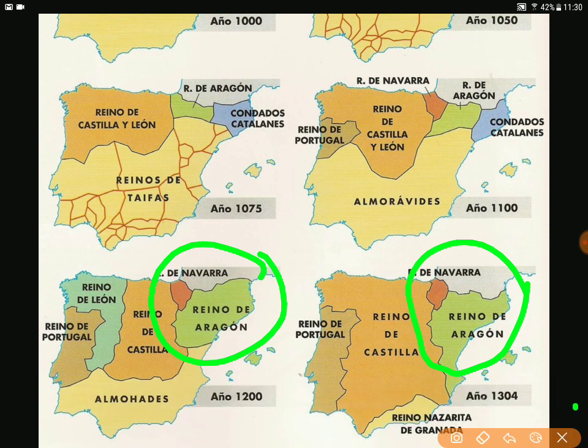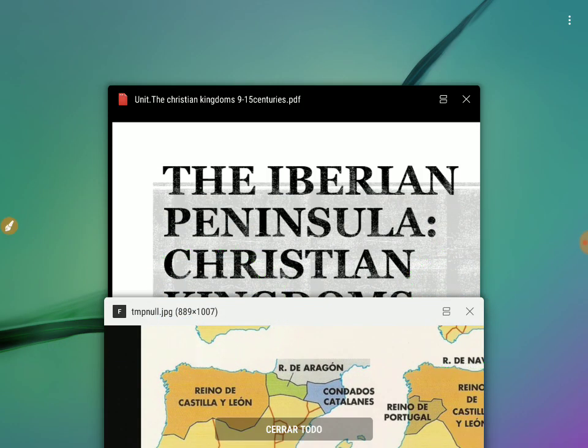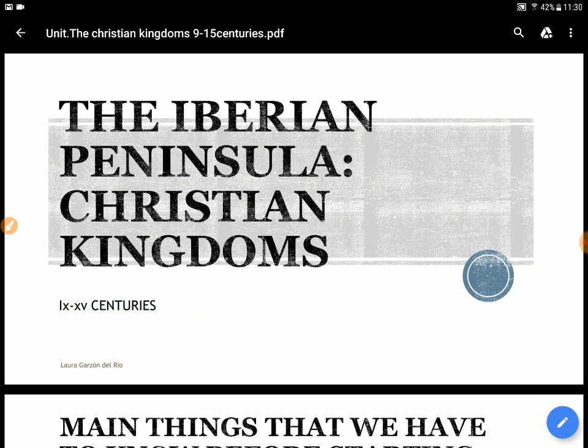Okay, so the 4 steps are divided. All this history, from the 9th century till the 15th century, I have organized in the PowerPoint, as you can see here, in 4 steps.